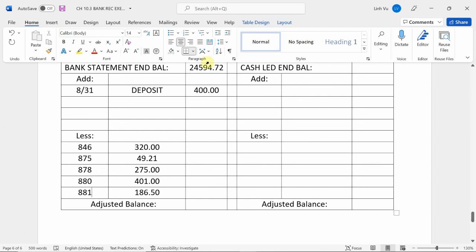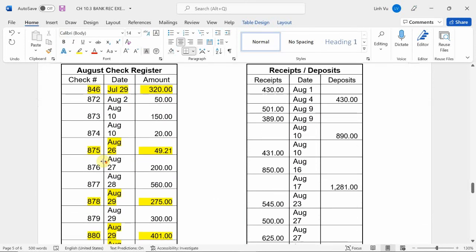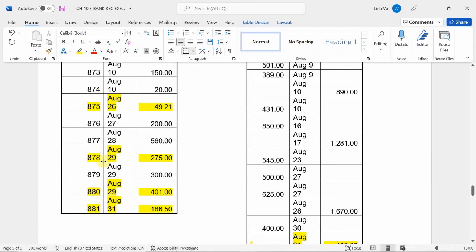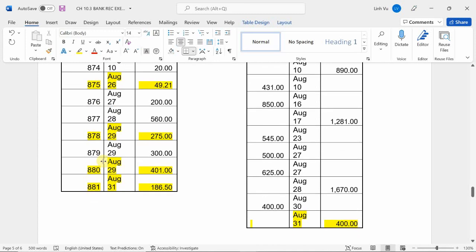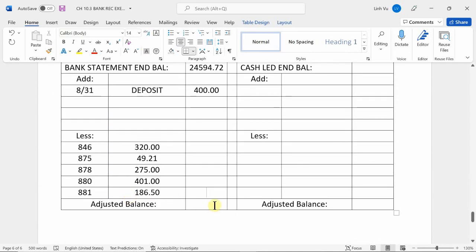Okay, so tally up all this. How much do I need to subtract? So you got 320, you got 49.21, you have 275, 401, and 186.50. So how much do I need to subtract? Yeah, but what's my total amount I need to subtract?